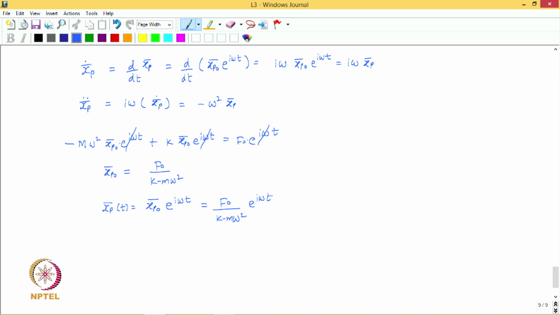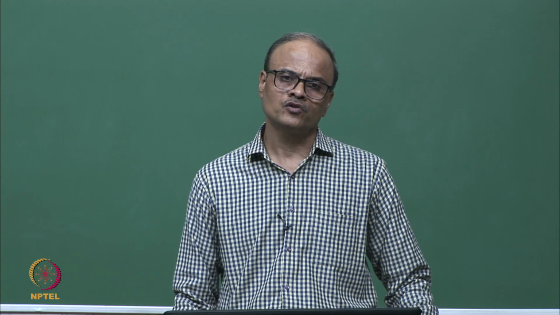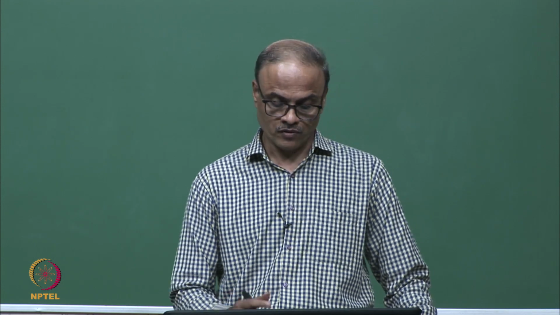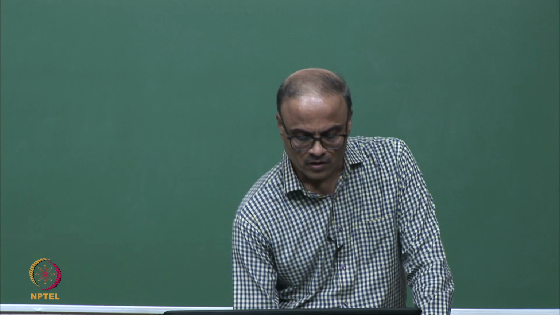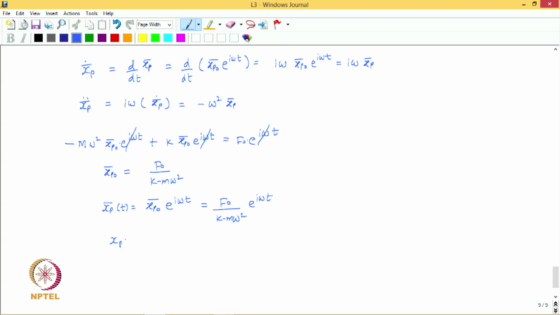But this is the complex response to the complex exponential force, whereas our interest was to find the response to the force f naught cos omega t, and therefore, now we take the real part of this response. So, the true particular solution, xpt, is nothing but the real part of this complex solution, and hence it becomes f naught upon k minus m omega square cos omega t.